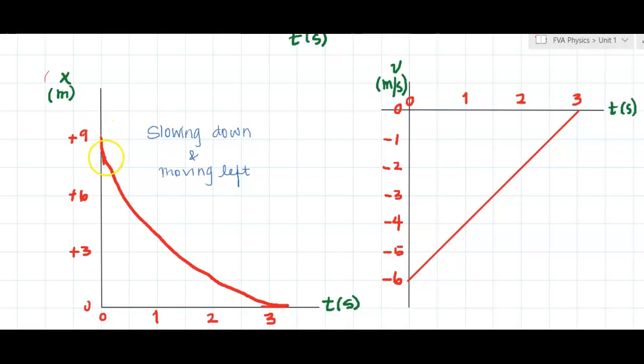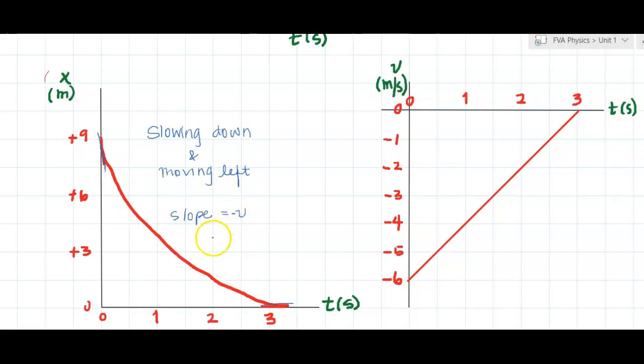So the slope shows me that it's slowing down because the slope of the tangent line goes from being very steep to being very shallow down here. And the general shape of my curve is down and to the right. So that's a negative slope, and the slope is the velocity, and the slope is negative all the time.